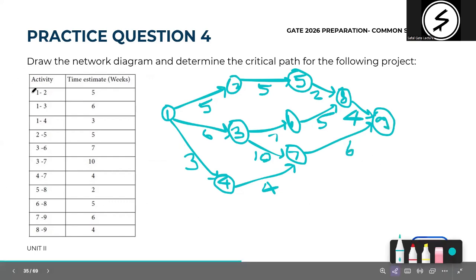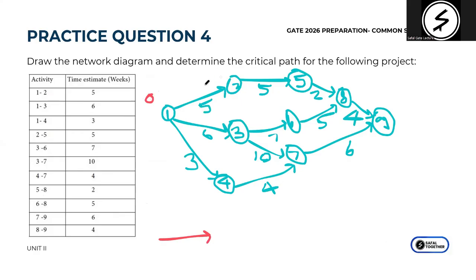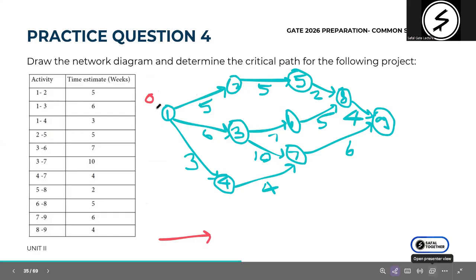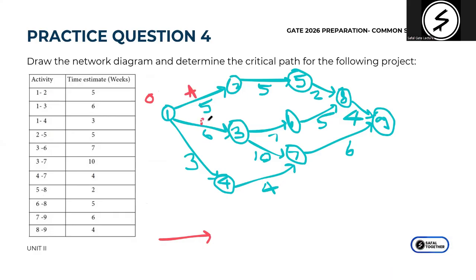Here I have not done anything, I just converted the table into a network. Now we will do the forward pass. Okay, so we start from 0. One more thing you can do is naming all of this. So you can start calling it A, B, C just so that you understand. So 1 to 2, 1 to 3, 1 to 4 are A, B, C. Then 5 is here, 6 is here, 7 is here, then 8, 9, right? So we call this D, E, F, G, and then we can call this H, this I, this can be J, and this can be K. Or you can start left to right.